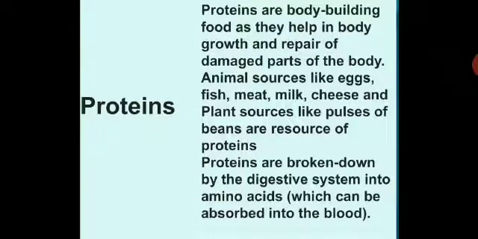Next, proteins. Proteins are bodybuilding food as they help in body growth and repair of damaged parts of the body. Animal sources like eggs, fish, meat, milk, cheese and plant sources like pulses and beans are sources of proteins. Proteins are broken down by the digestive system into amino acids which can be absorbed into the blood.